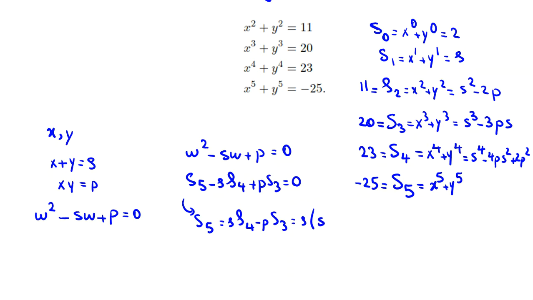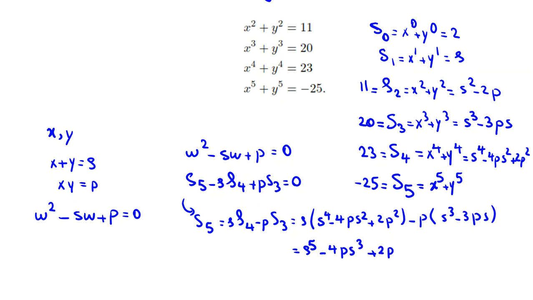S4 is s to the power of 4 minus 4ps squared plus 2p squared, and p S3 is p times s cubed minus 3ps. And it will be s to the power of 5 minus 4ps cubed, s multiplied by the next one, 2p squared s, minus ps cubed plus 3p squared s.